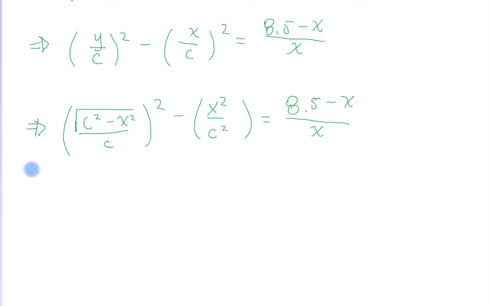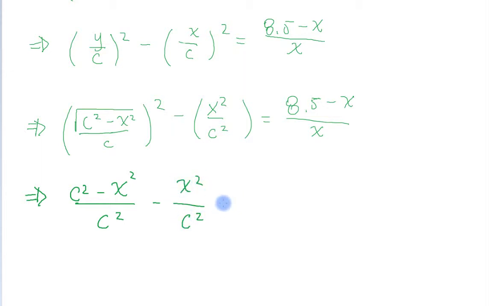Now the squares cancel, so we have c squared minus x squared divided by c squared minus x squared divided by c squared.